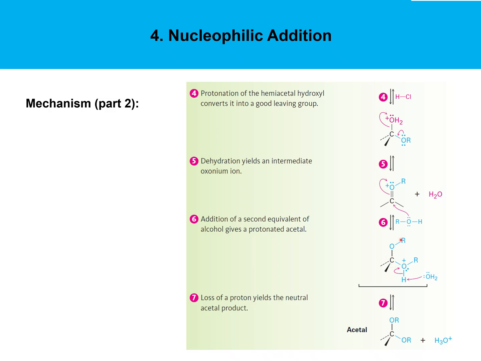We have an OR group, and we have now a second OR group added to the same carbon. That second OR group is from this alcohol that just added. And it is still protonated because we haven't gotten rid of the hydrogen. We could do that in this step. So we could use water, we could use chloride from HCl to pick up this proton and remove the positive charge on the oxygen, giving us the acetal or the ketal product.